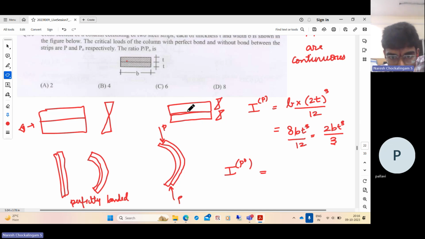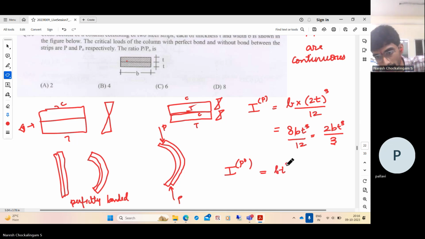If it is perfectly bonded, this will be under compression and this under tension. If it is not perfectly bonded, this will be under compression, this under tension, this under compression, this under tension. So it is like two beams bending individually, but they are just together. So you can just add the moments of inertia. So it is b t cube by 12 plus b t cube by 12. So this is b t cube by 6.